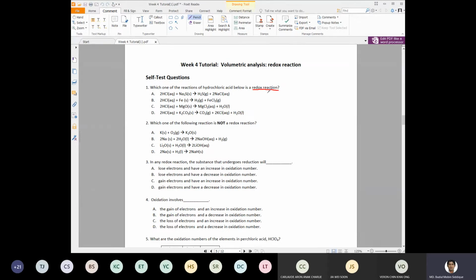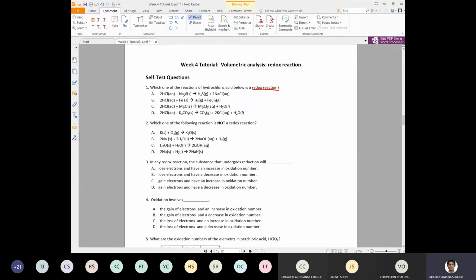Why not? Because the oxidation state, or the charge, is not changing for the products compared with the reactants. If there is no net change in the oxidation state, then it is not a redox reaction.